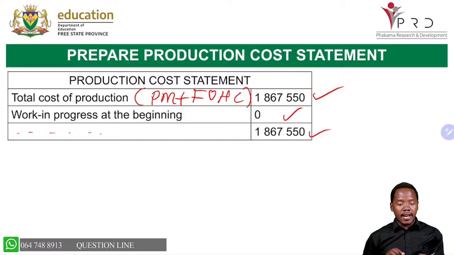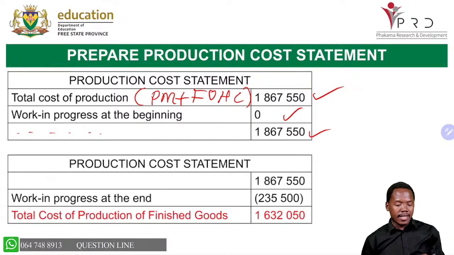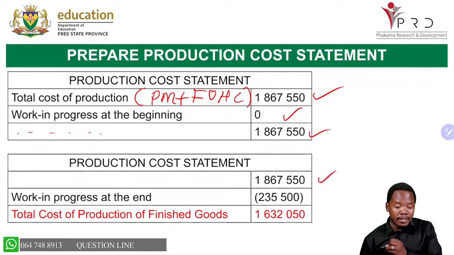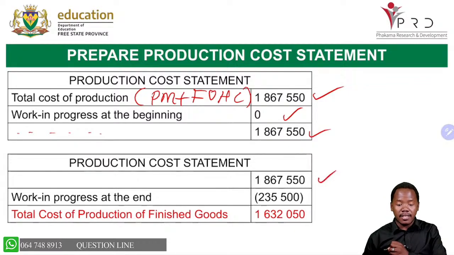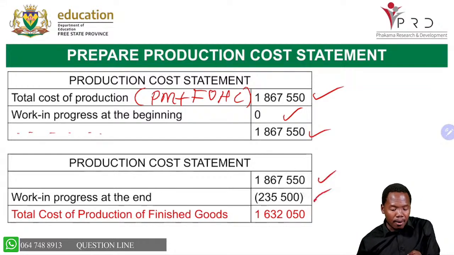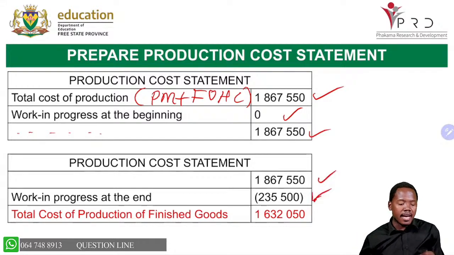Okay. Right, next part, which is our last part now, will be from the 1,867,550. And then now, remember, we were given work in progress at the end, but at the beginning it was 0. So we just take it from our work, and then we get our total cost of finished goods.